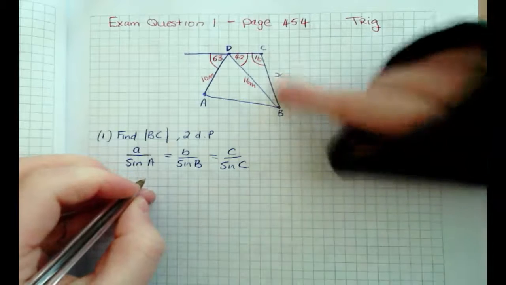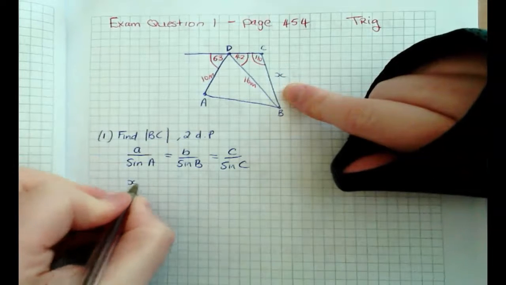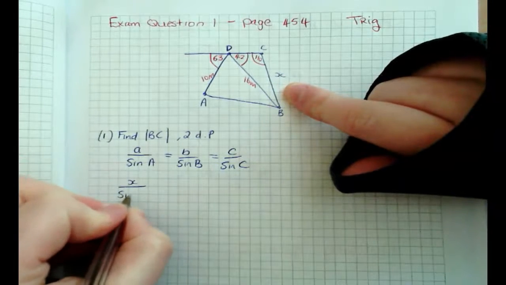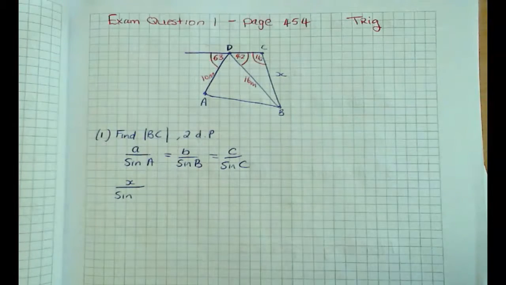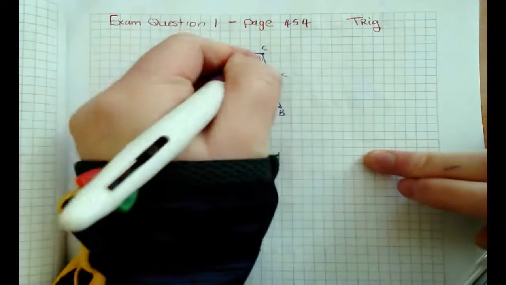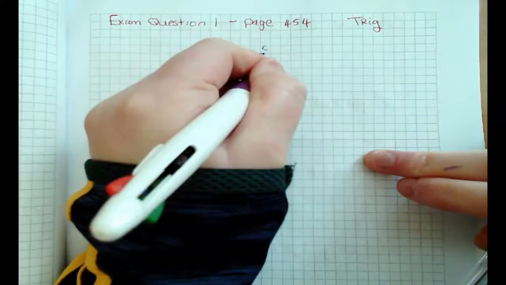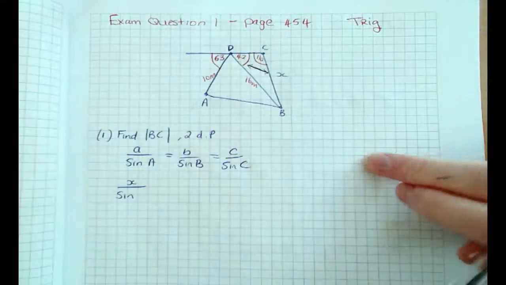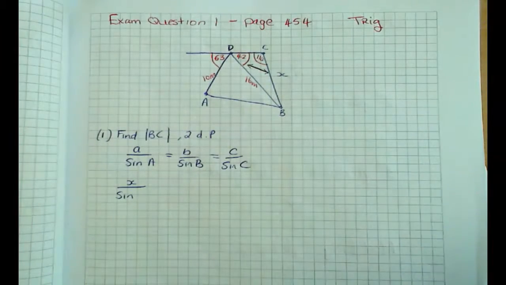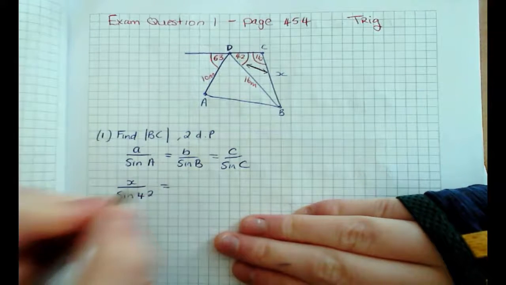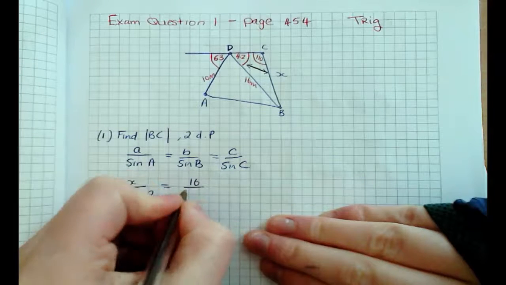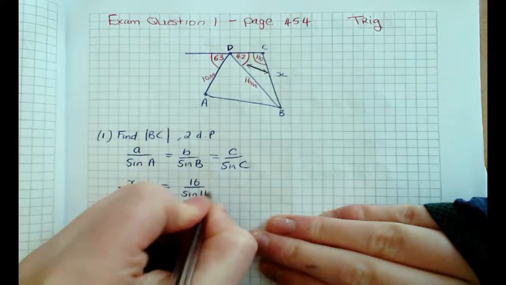The length we're looking for here is x, so x over sine, and it's the angle opposite, 42 degrees, is equal to 16 over sine 110.